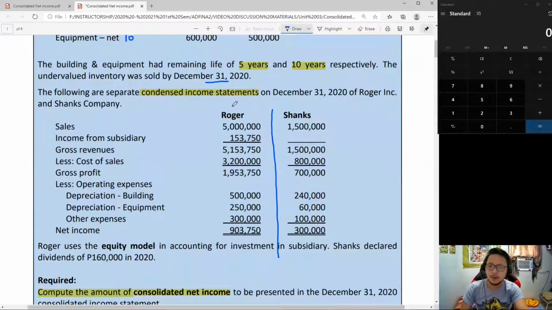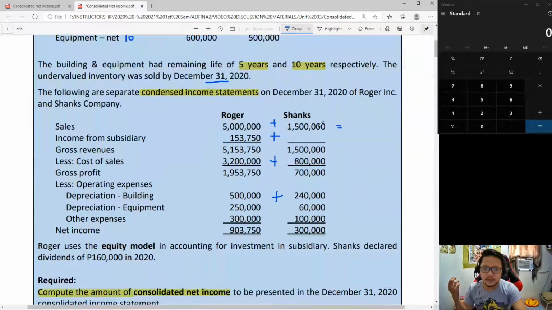Consolidated net income. Okay, you have here the two income statements. Now, consolidation works in a way na i-combine ko ang dalawang financial statements na to, di ba? So, the goal really is, if I am going to prepare the consolidated income statement, ang gagawin ko sana is, i-add ko ang sales, i-add ko ang revenues, i-add ko ang cost of sales, and then i-add ko ang expenses.